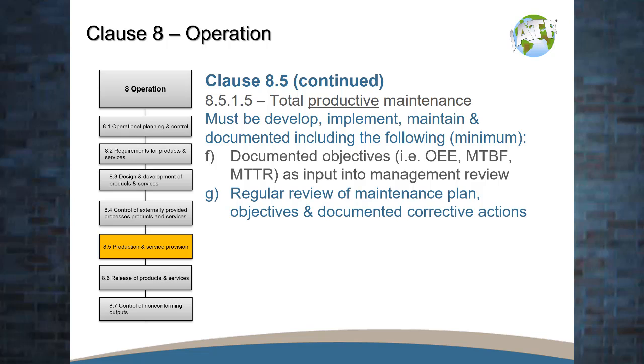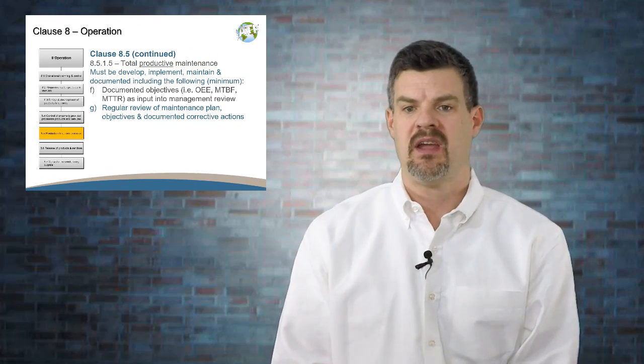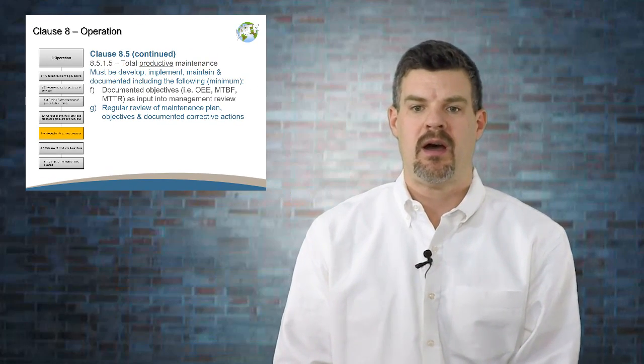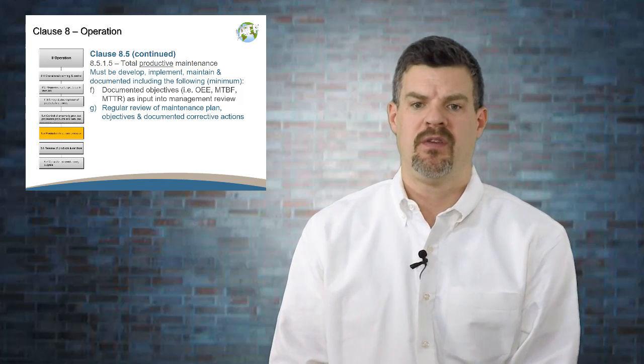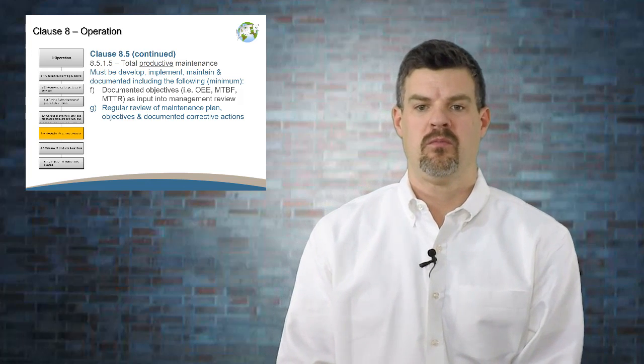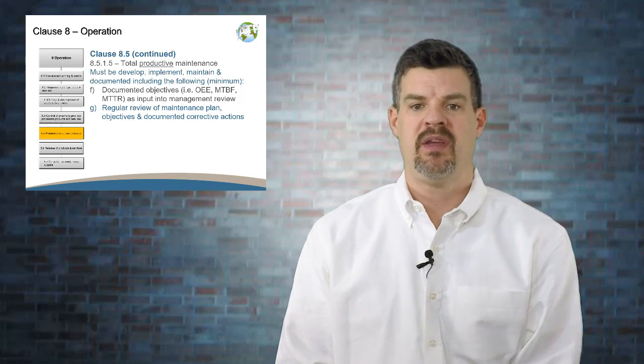G, regular review of the maintenance plan, objectives, and documented corrective actions. So you really have almost like a miniature management review amongst the productive maintenance team members to look at what's going right with the maintenance plan. Are we meeting our objectives?